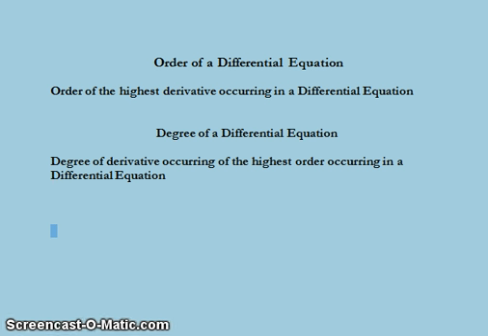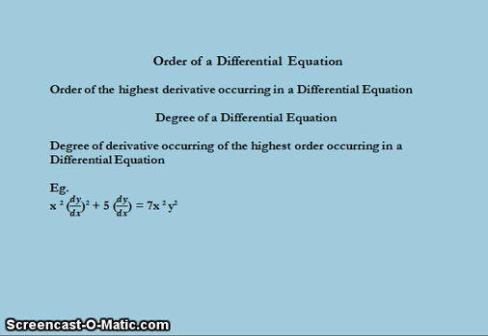Next, we are going to consider an example of a differential equation in order to evaluate its order and degree. Here we have x square (d²y/dx²) plus 5 dy/dx equal to 7 x square y square. To find the order, we need to find the order of the highest derivative occurring in it.